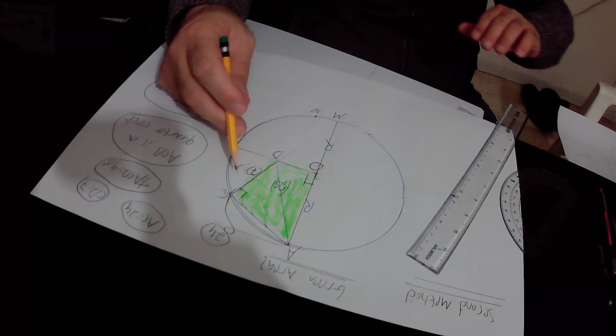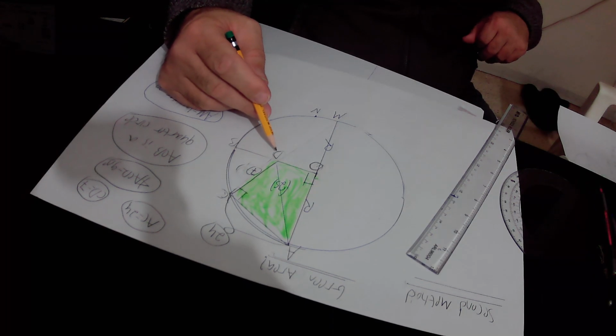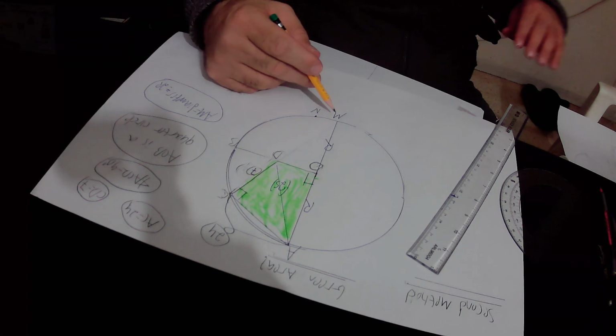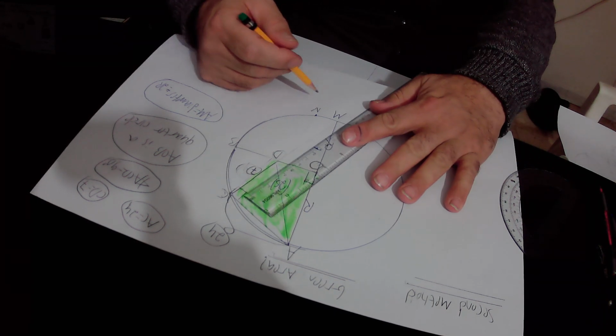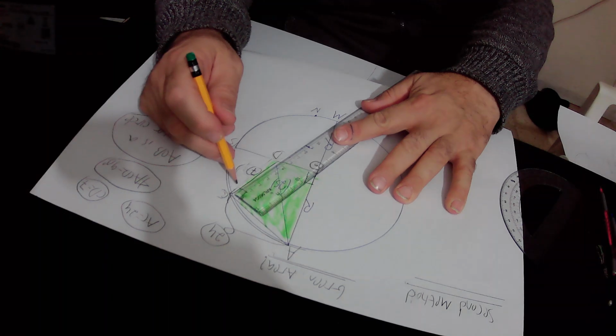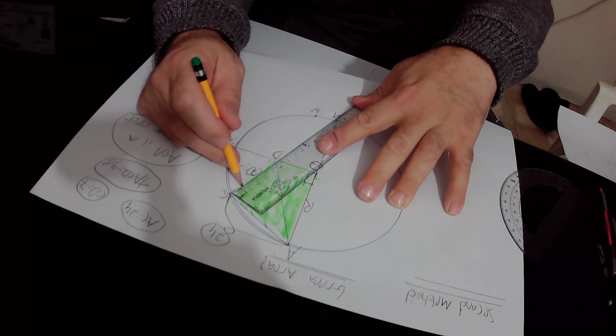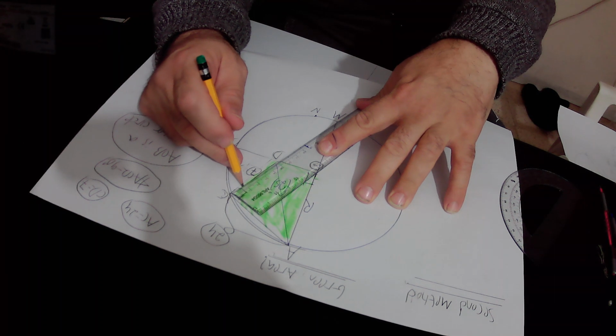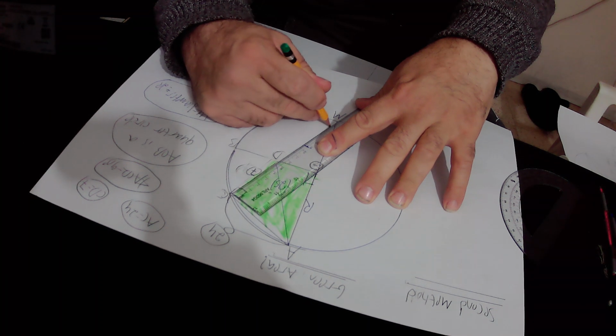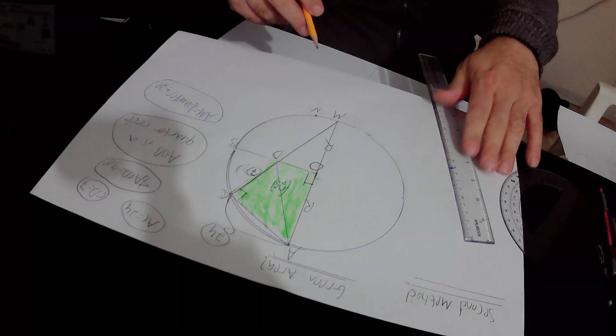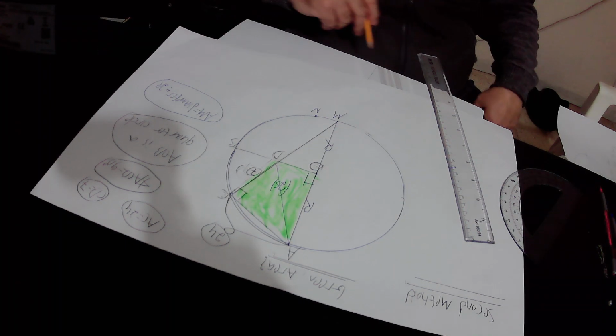That is to say, the extended side CD will touch the circle at point M and not at any other point. So here, the extended side CD touches the circle exactly at point M.